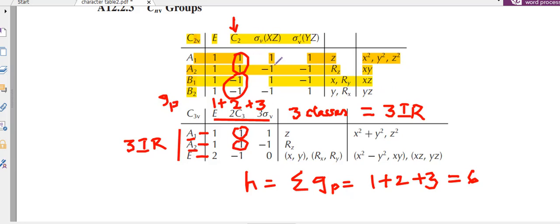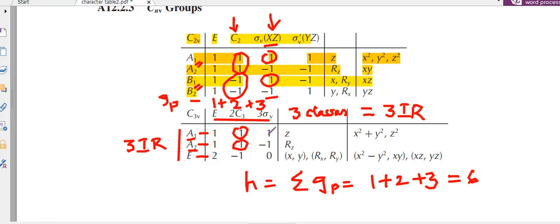In groups like this, when you have more than one plane, when it is symmetric to the molecular plane xz, that is positive, then you will get A1. This is symmetric to the molecular plane, so you find it as B1. When it is anti-symmetric, you find B2, and when it is minus 1, you find A2.